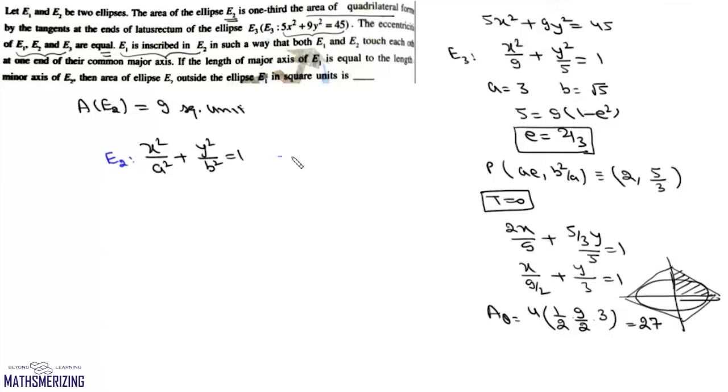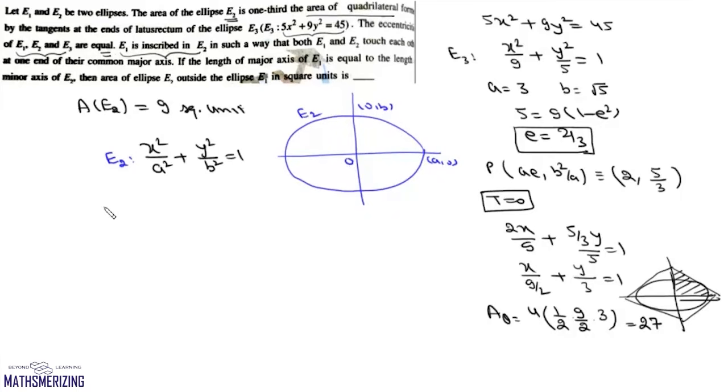We'll draw this ellipse. This is a comma 0, 0 comma b, and center at origin. So that's our ellipse E2, and we know that the area of any ellipse is pi ab. So we can write pi ab, and this value is equal to 9 square units.